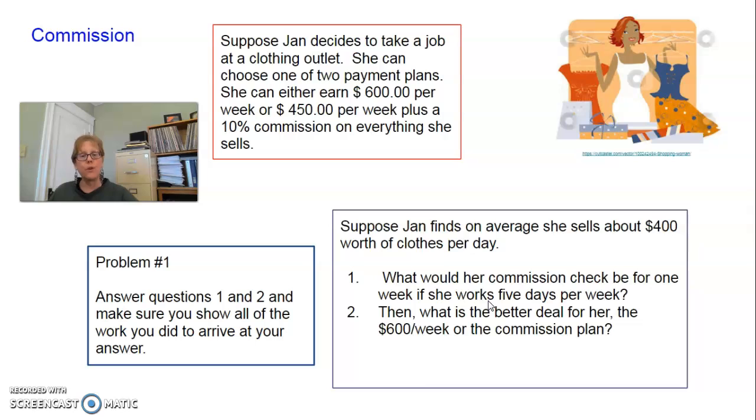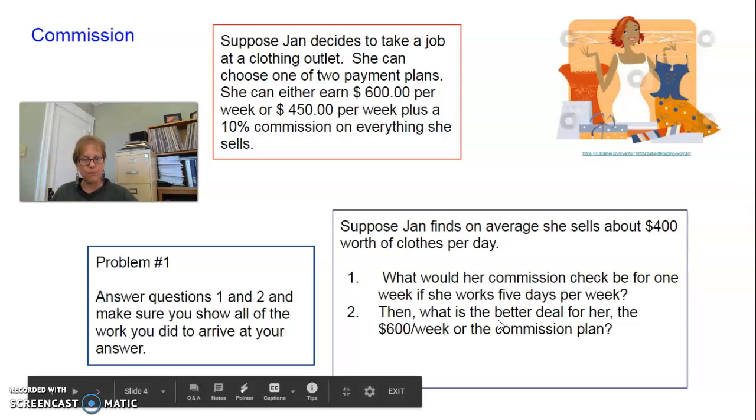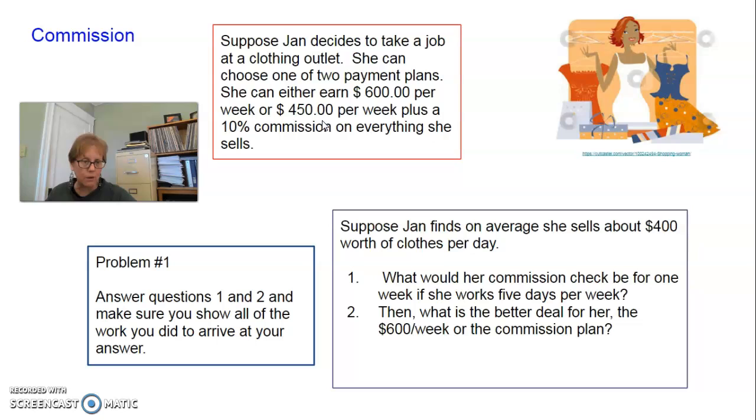Next question: what's the better deal for her, the $600 per week or the commission plan? Remember, the commission plan is $450 plus 10% of whatever she sells, and she sells about $400 of clothes per day. Take a little time to figure this out. Pause the video, and when you think you have an answer about the better deal, start the video again.